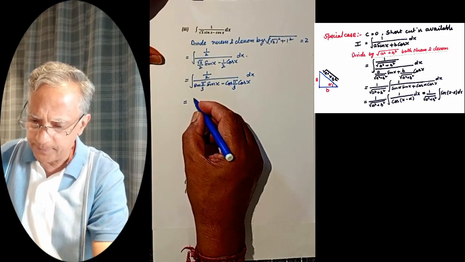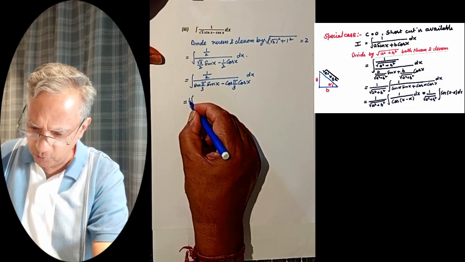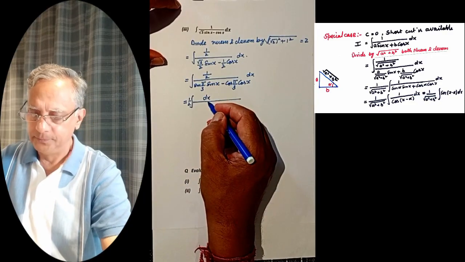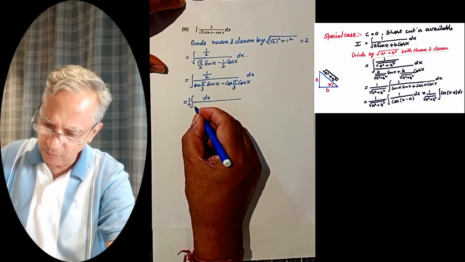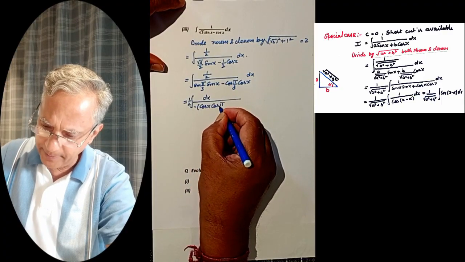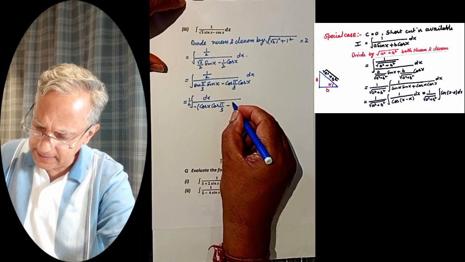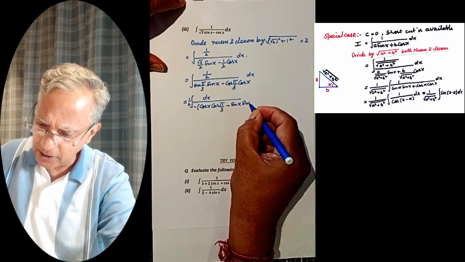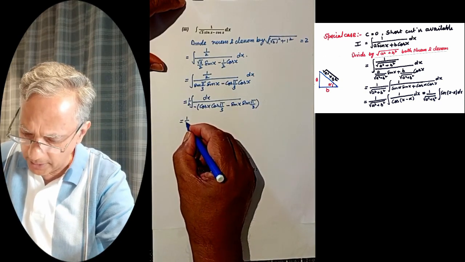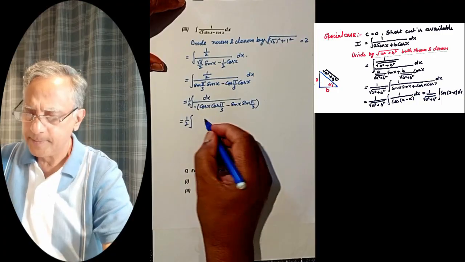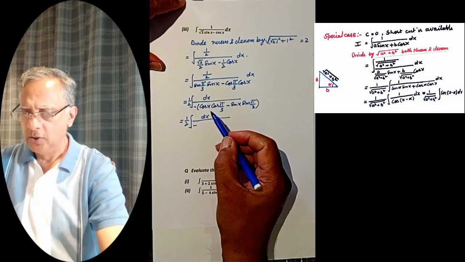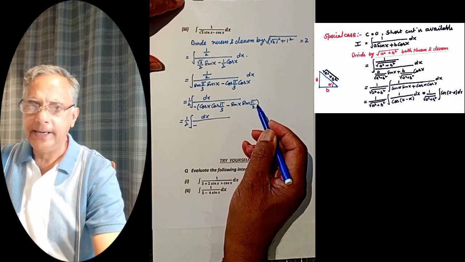So this is equal to integral 1 by 2 dx, and minus is common. We have cos x cos pi by 3 minus sin x sin pi by 3. So this is equal to 1 by 2 integral dx over cos a cos b minus sin a sin b.